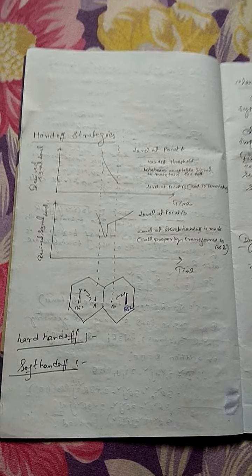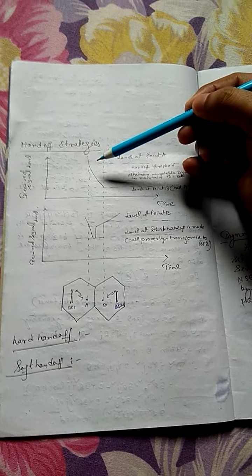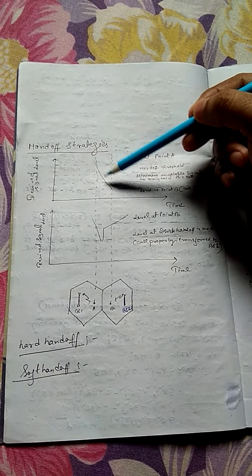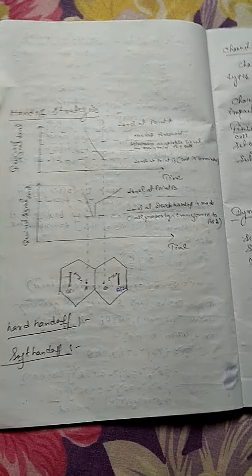Now, to pack up today's lesson, because this is a very small class on handover strategies only. If there is no handover, then this type of graph appears, meaning the signal level is dropped, or the call is dropped.